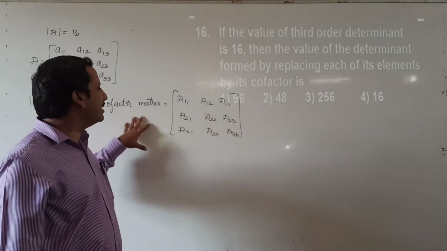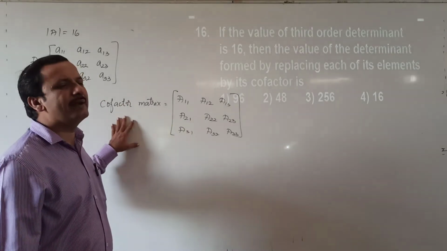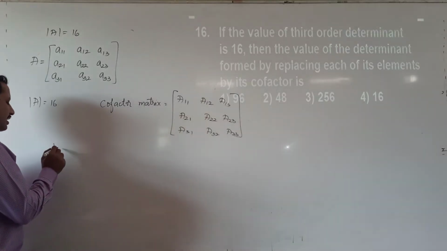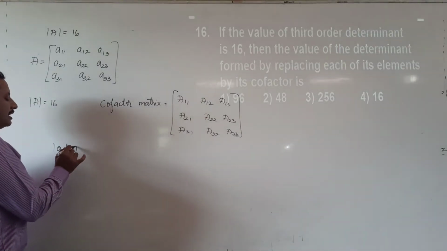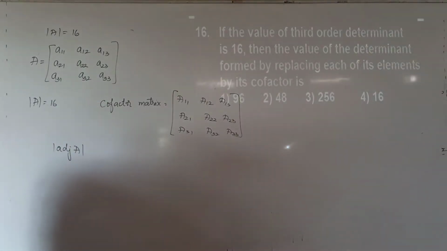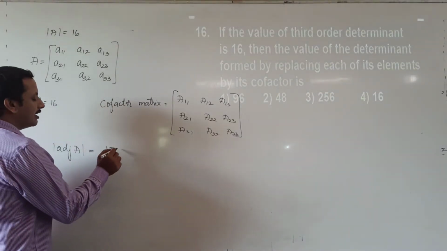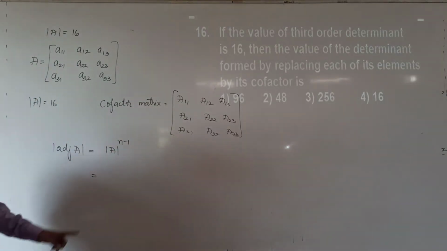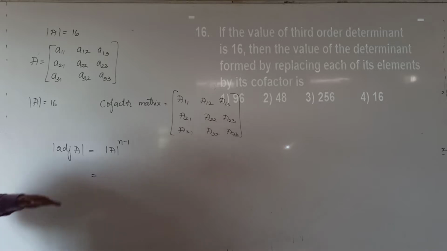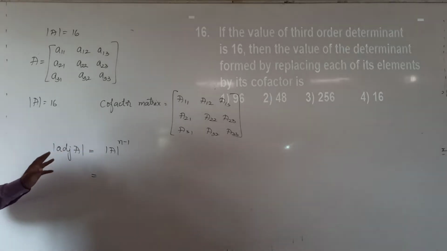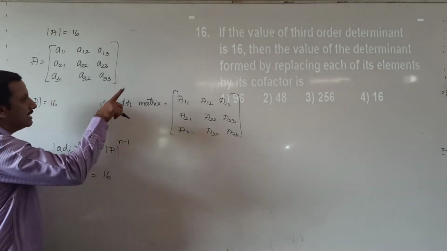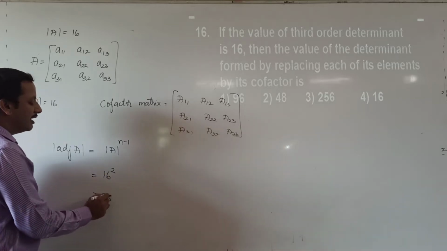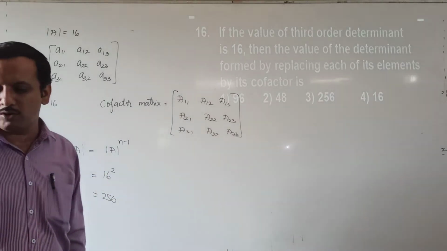So actually in this question, what they have asked is to find the determinant of adjoint of A. For this we know one formula: determinant of adjoint of A is equal to determinant of A power n minus 1, where n is the order of that matrix. This is a formula you must know. So determinant of A is 16, n is 3. It's a third order determinant they have given. N is 3, 3 minus 1 is 2. 16 square is 256. Third option.